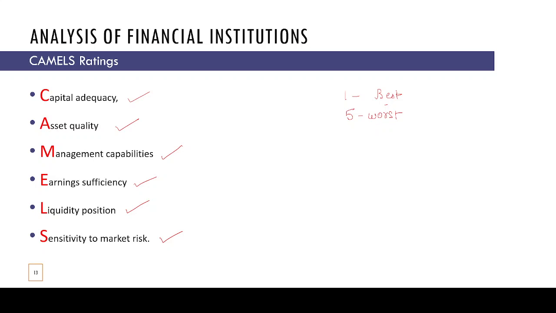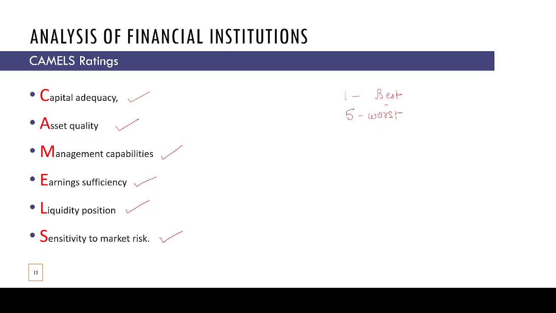It shows the best practices in risk management, and it generates the least amount of concern among regulators. Now, in contrast, a rating of 5 is the worst rating, right? It shows the weakest performance and risk management practices, and it would also generate the highest degree of regulatory concern.